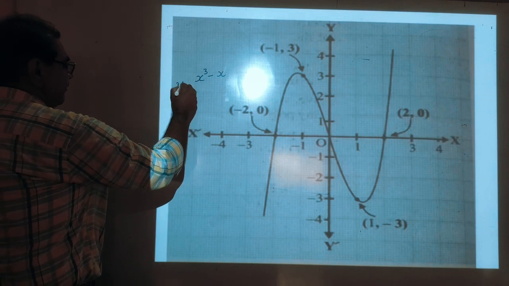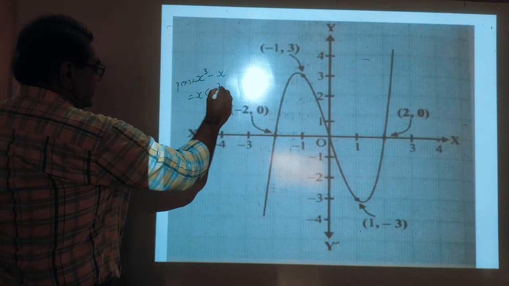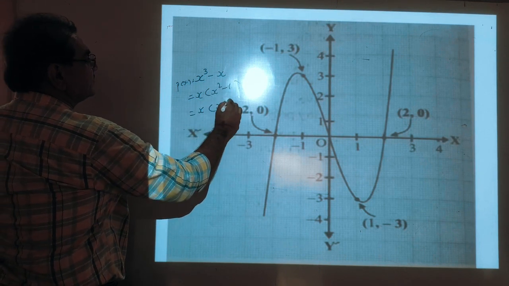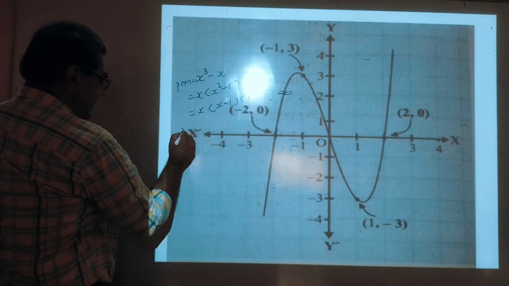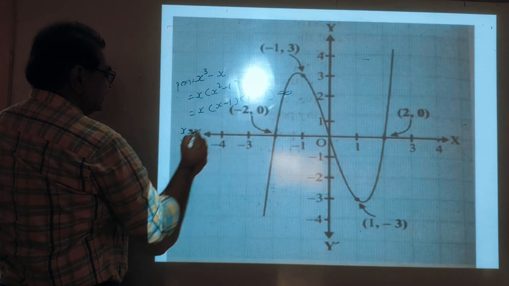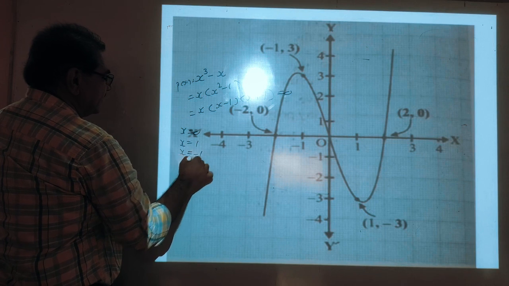Then we can check x is common: x times x square minus 1. Factors of x square minus 1 are x minus 1 and x plus 1. So x is equal to 0, x minus 1 is 0 so x is equal to 1, x plus 1 is equal to 0 means x is equal to minus 1.